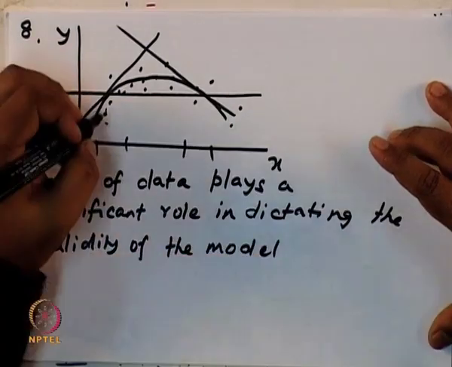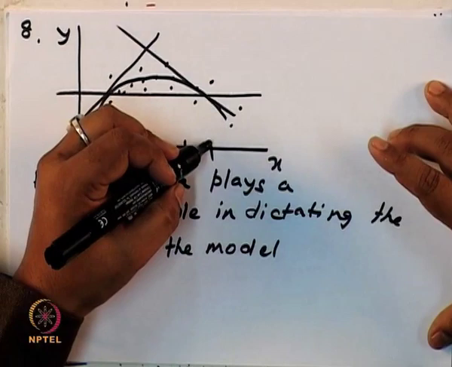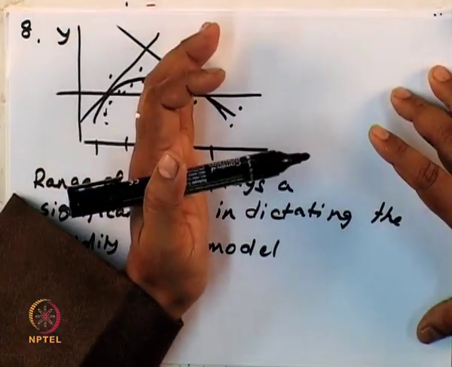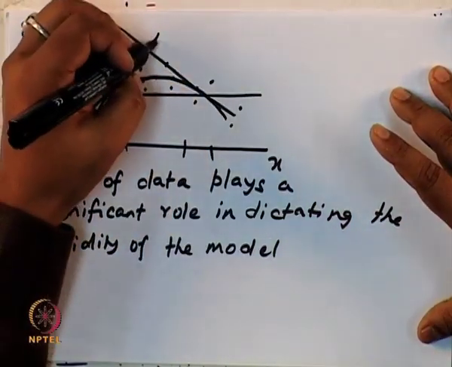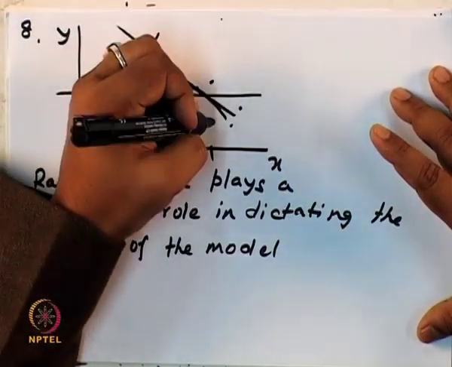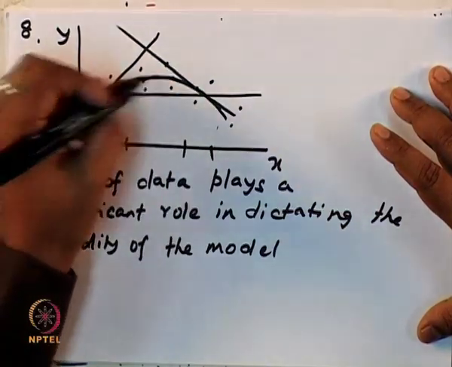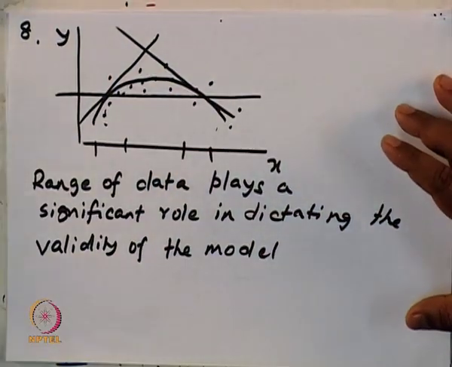Which means that based on this, if you are trying to extrapolate the data, you would incur huge amount of error. This line would predict a value here for this point, but as you can see, this is clearly not linear in nature.